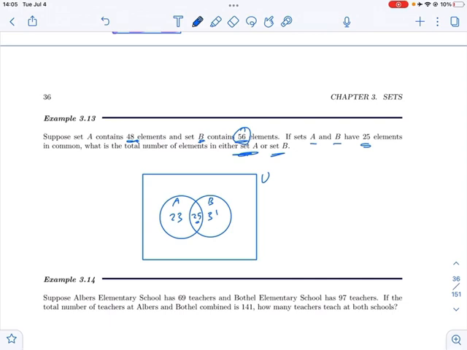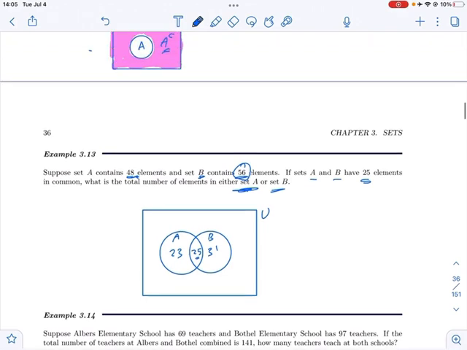Now let's think about this for a second. See how to find that number. As you can see, we need to use one of the properties here.